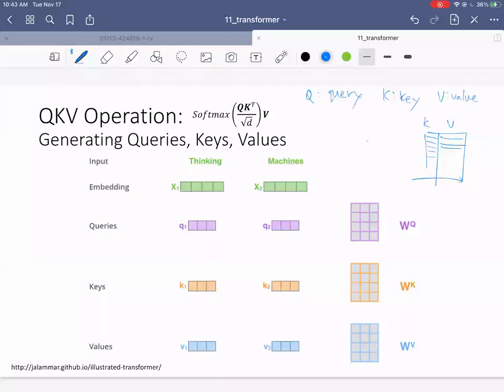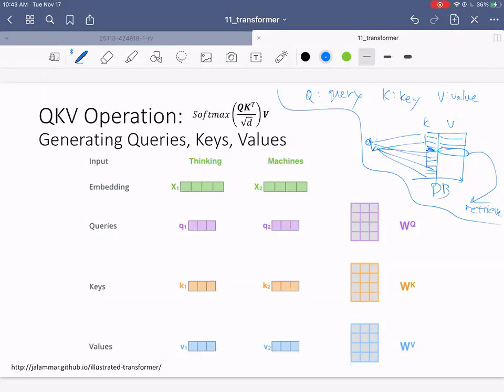You match your query with all the keys to see which key matches your query, and if there's a match, you retrieve the corresponding value. That's how we operate on top of a key-value database. And in the same spirit, when you're doing self-attention, you have the queries, the keys, and the values.